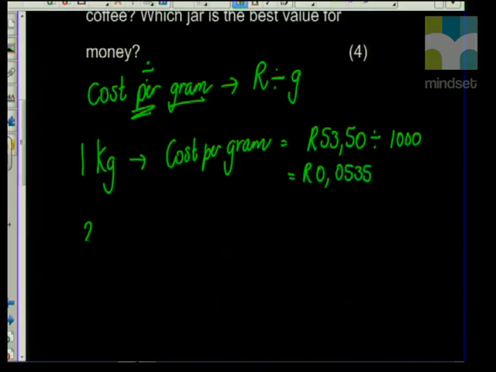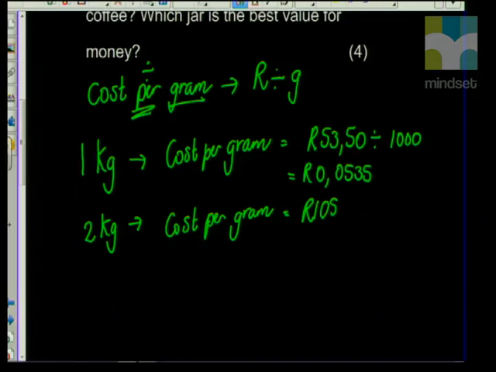Then I go on to my 2 kg jar, which is exactly the same calculation, but obviously with different numbers. The cost of the 2 kg jar was 105 Rand 50. And I'm going to divide that by 2,000. And that should give me an answer of 0,05275.